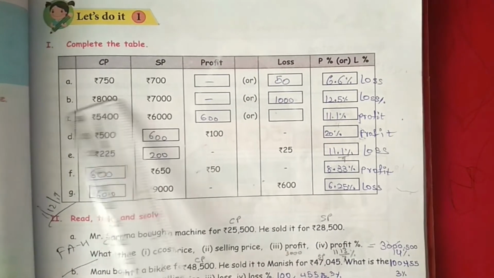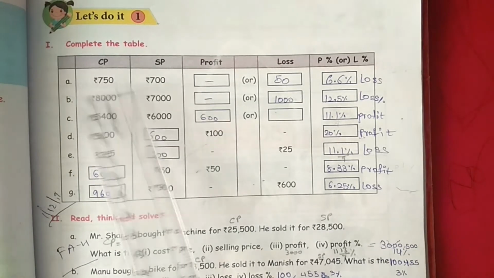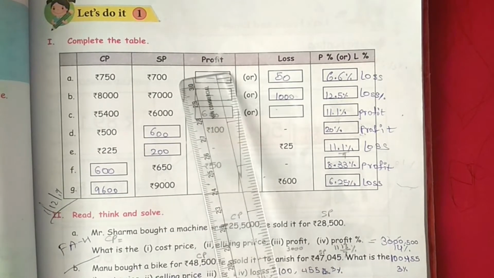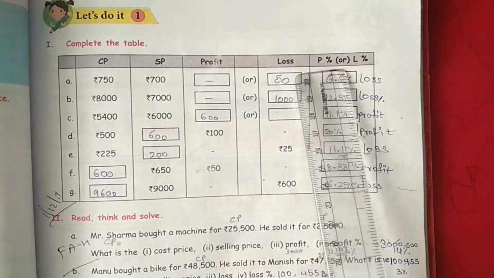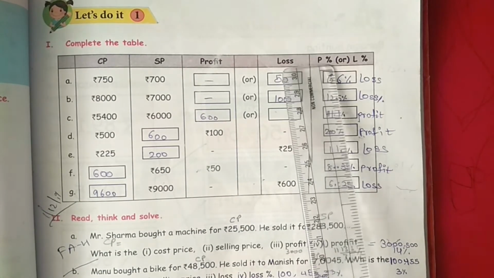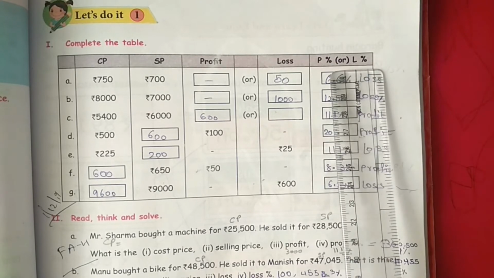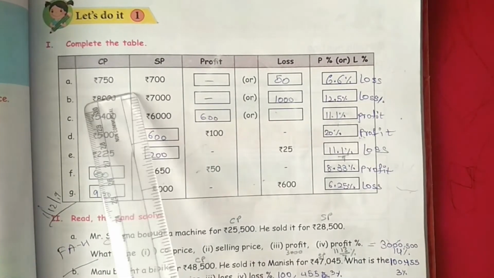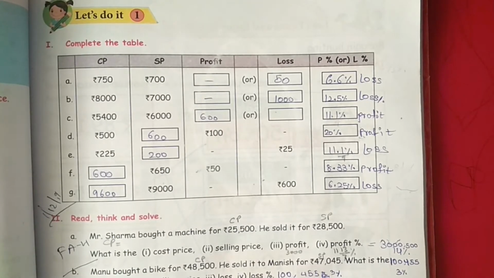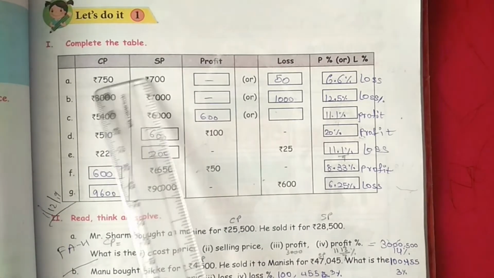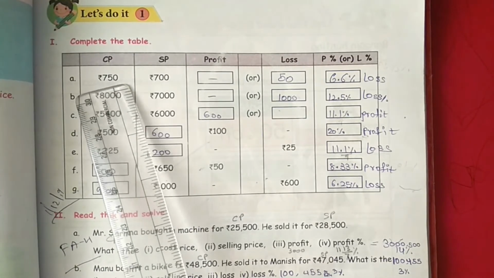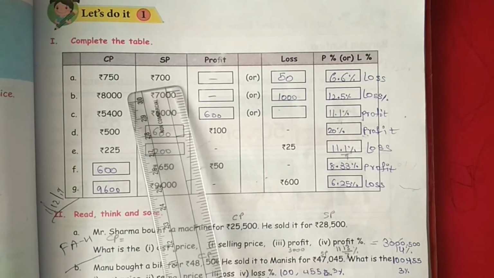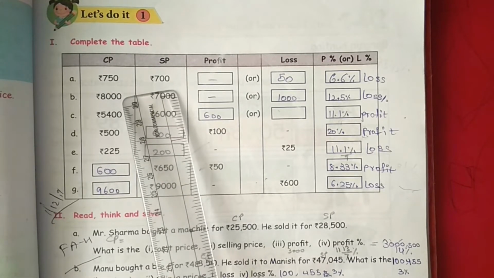See here, they have given a table to complete. Cost price, selling price, and some blanks: they have given profit, loss, and P percent meaning profit percentage, L percent meaning loss percentage. We have to find out according to the given table questions. Now here in A bit, they have given cost price 750 rupees and selling price 700 rupees.